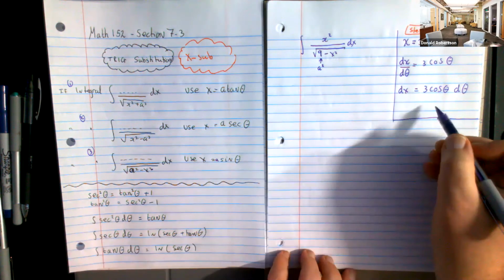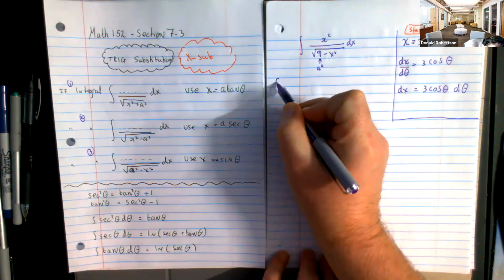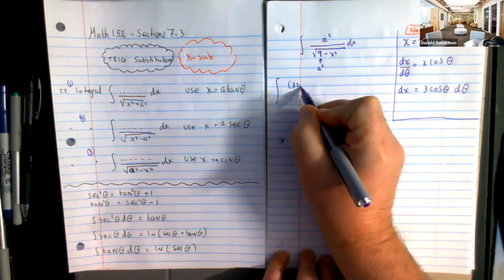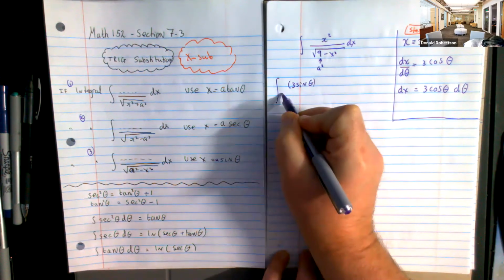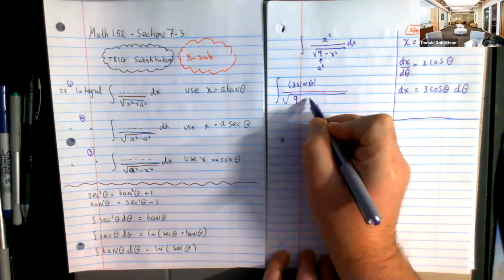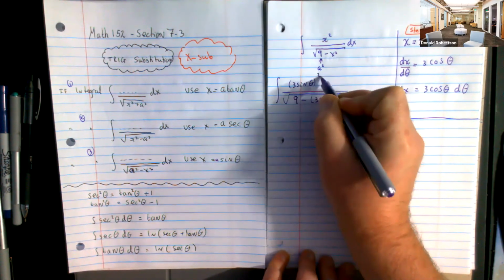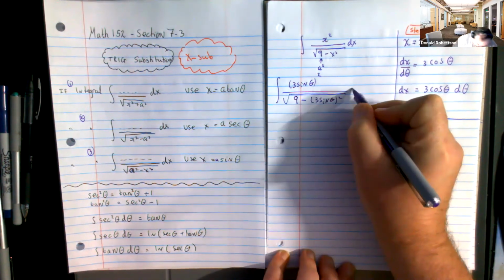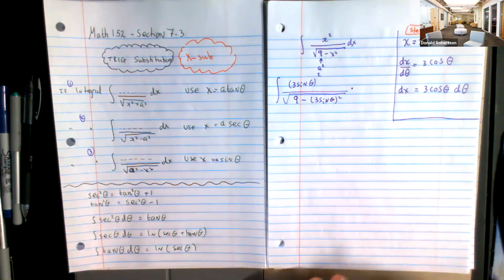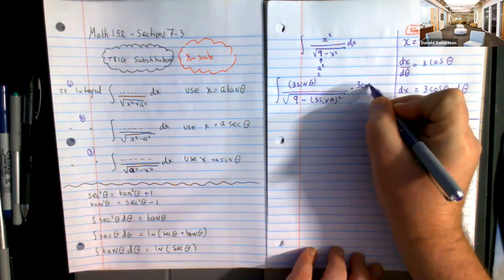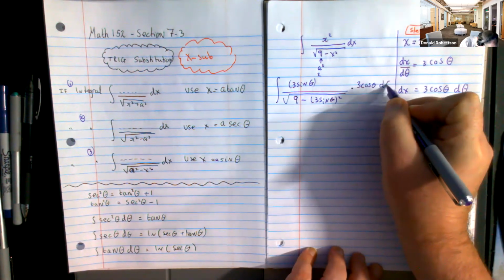Now, just like normal substitution, you go over here, and every x gets replaced by 3 sine theta, times dx, which gets replaced by 3 cosine theta d theta.